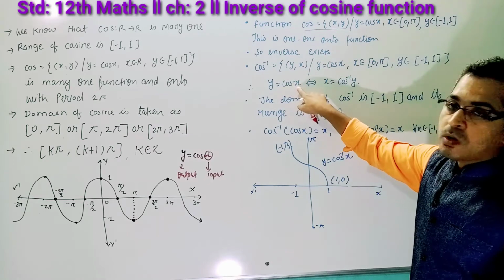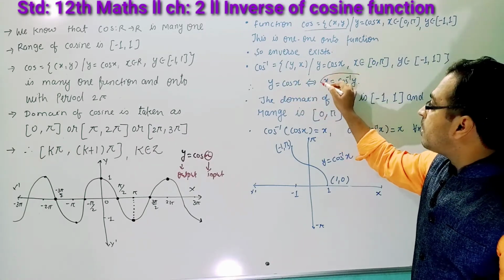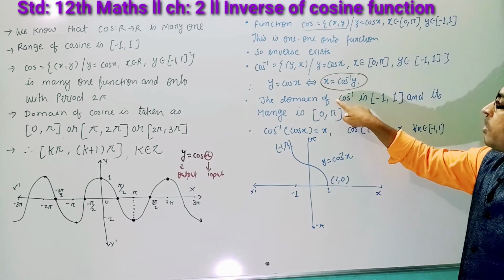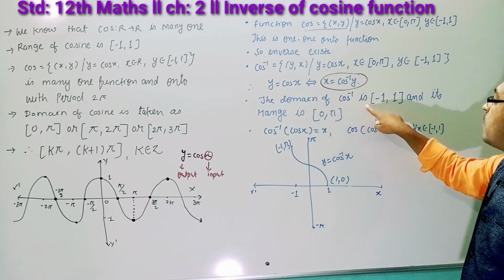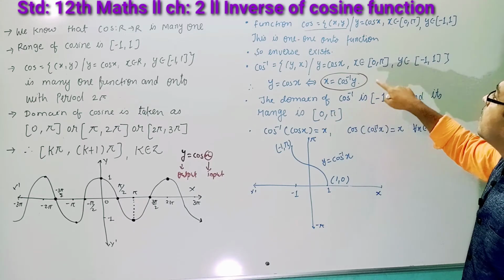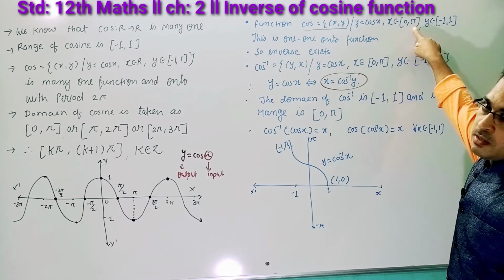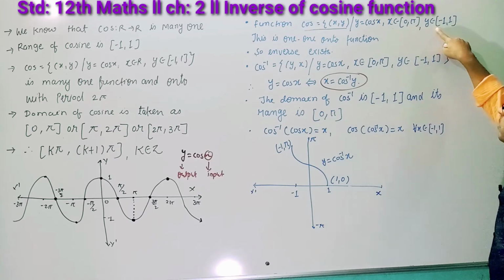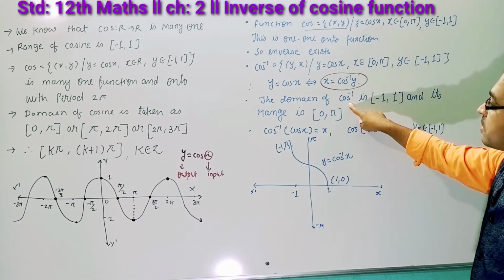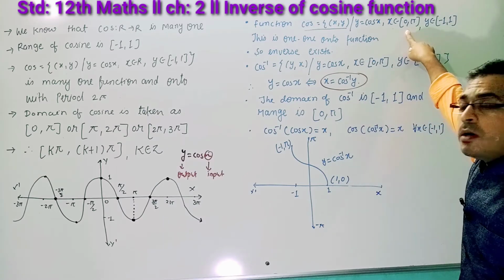Y is equal to cos inverse cos x. So we want to find out cos inverse y. So the domain of cos inverse will be minus 1 to 1. Initially the domain was 0 to pi and its range was minus 1 to 1, but you are finding the cos inverse, so the domain will become range and range will become domain.